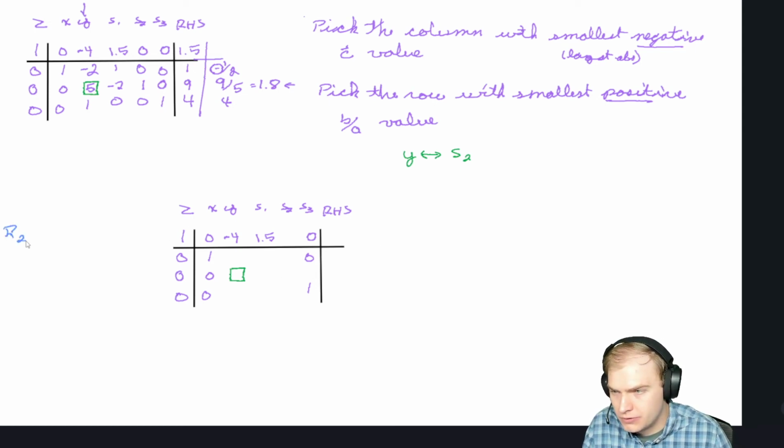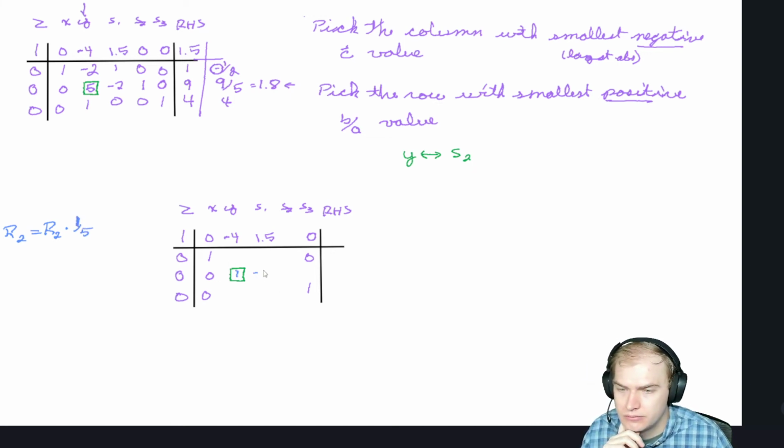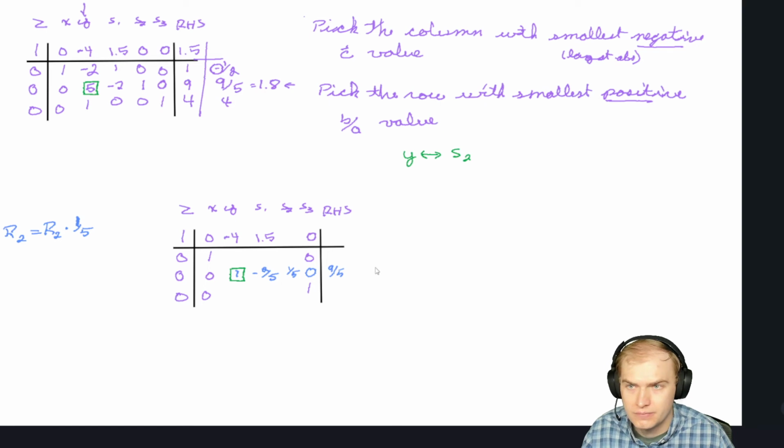Row 2 is row 2 times 1/5. 1, negative 2/5, 1/5, 0, 9/5.